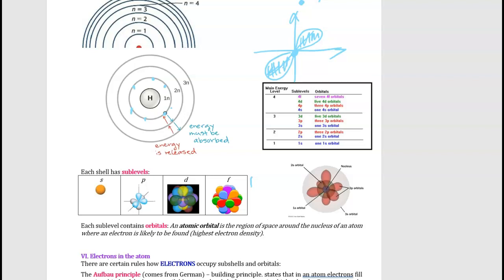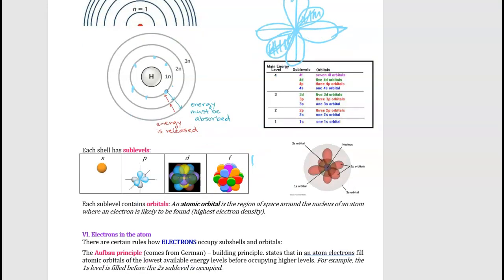P electrons have 3 types of P orbitals, which are oriented horizontally like this, or vertically, or in and out. D electrons have 5 different orbitals. F have more than 5, even 7.